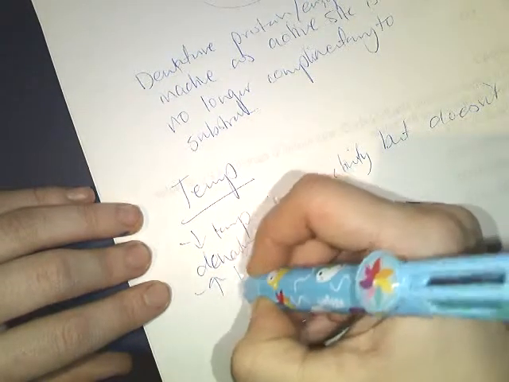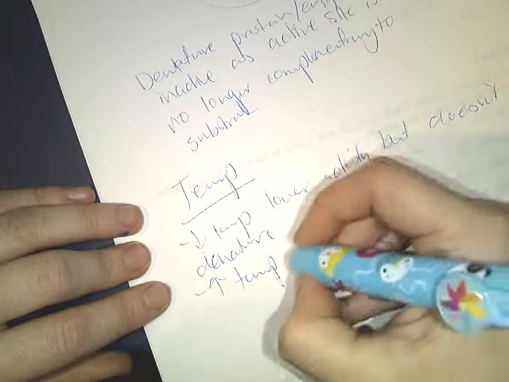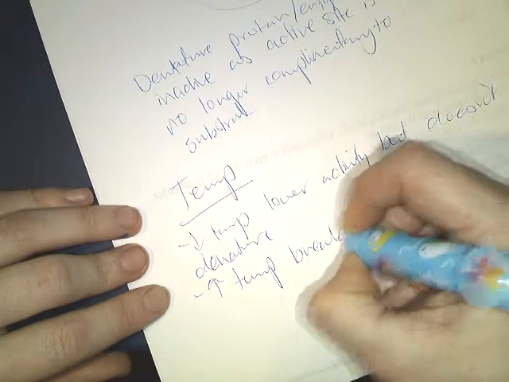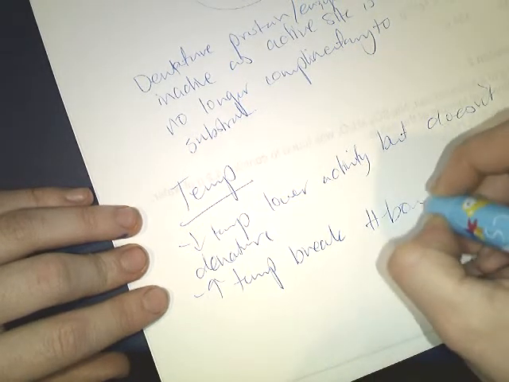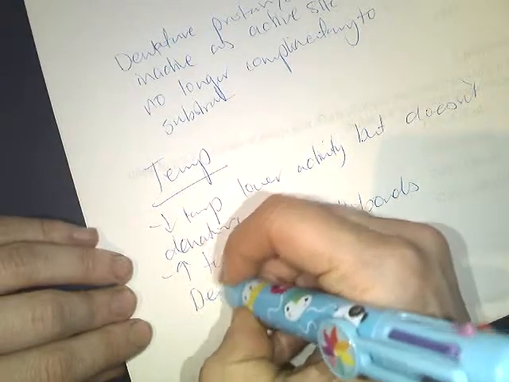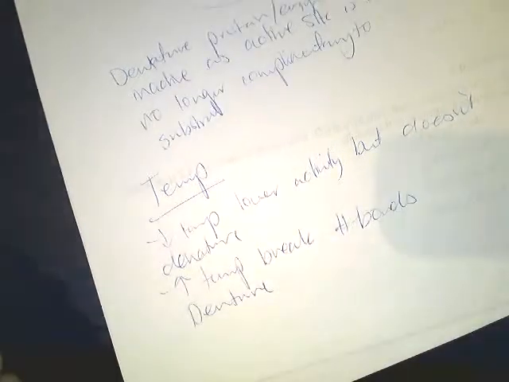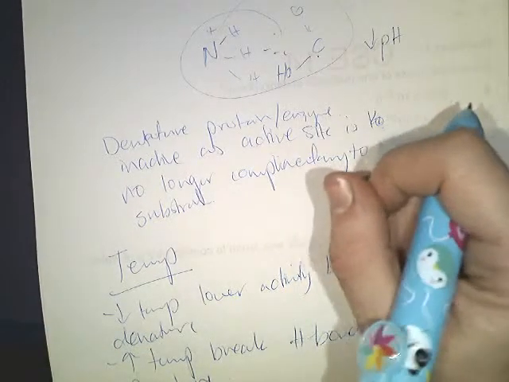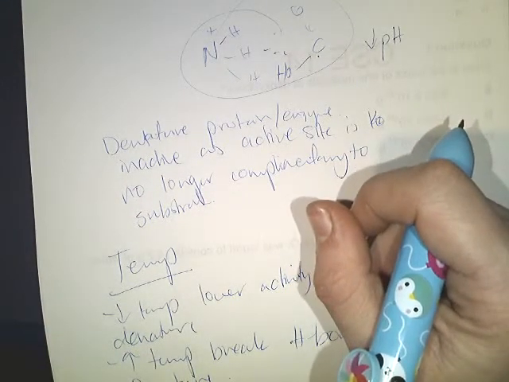But if you increase temperature, you increase activity at first, but then you can break H bonds, which again render the enzyme inactive through denaturing it. So they have a specific temperature and pH range that they work optimally at.